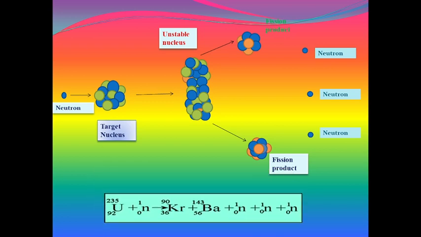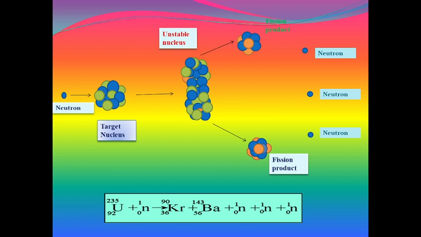This is the example of uranium. Uranium 235, the mass number, when it is struck by the neutron, that is the projectile, then two lighter nuclei are formed: krypton having mass number 90 and barium having mass number 143, along with three neutrons.